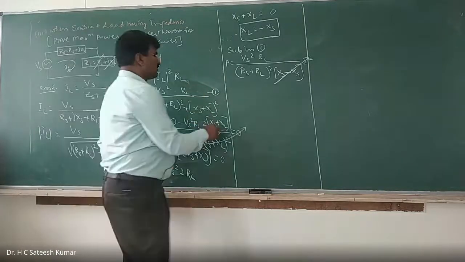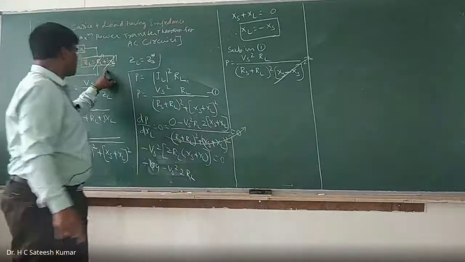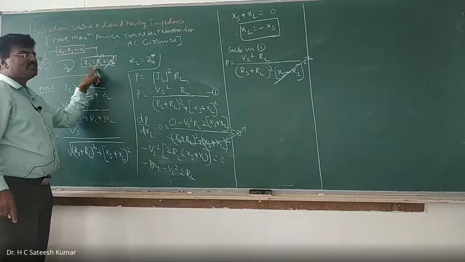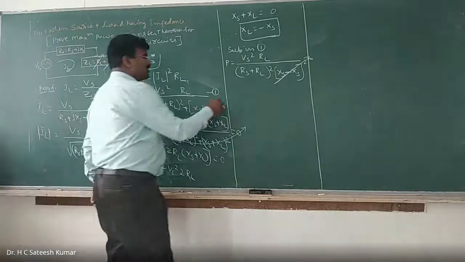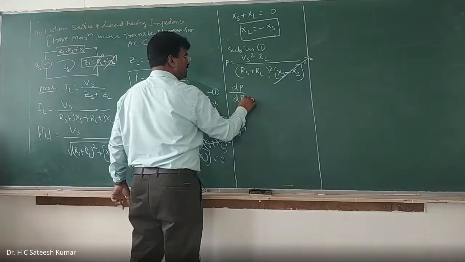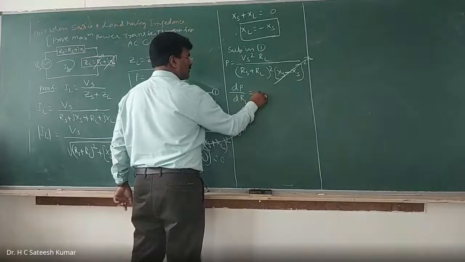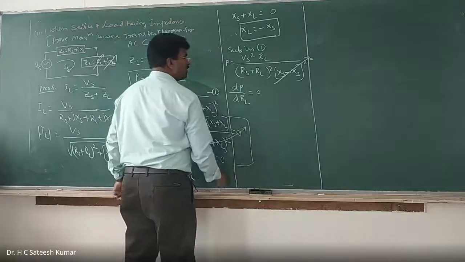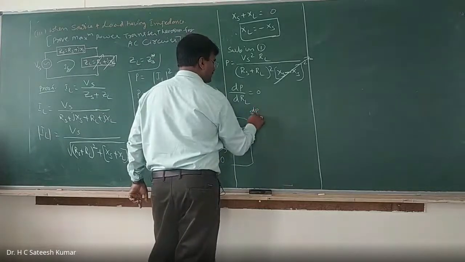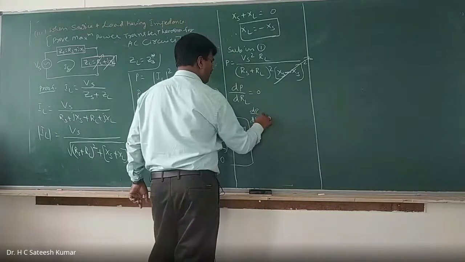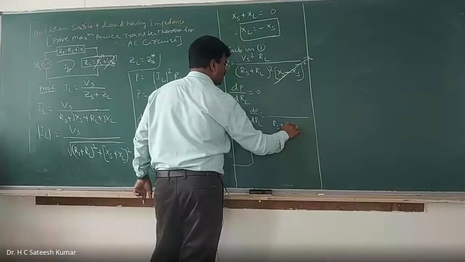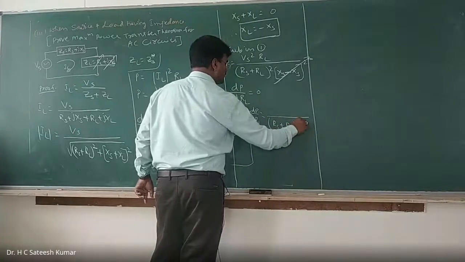Now we have to check, both of them are variables. First I differentiated with respect to XL. Now I am differentiating with respect to RL. So condition number 2: dP by dRL should be equal to 0. dP by dRL is equal to denominator whole square, Rs plus RL whole square, whole to the power of 4.